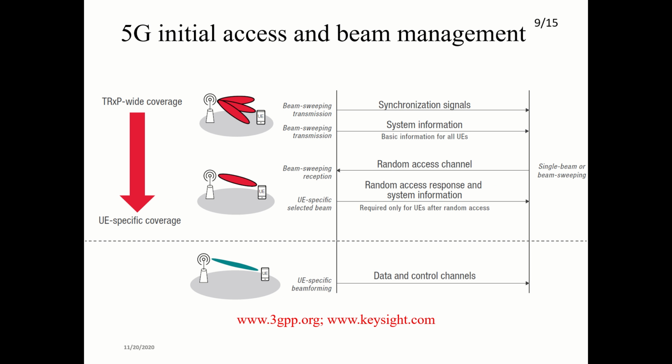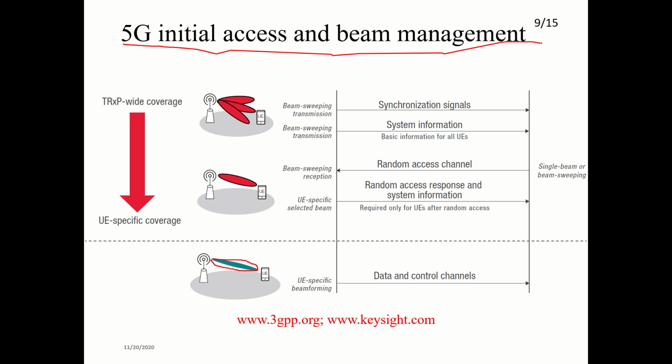Now, as per the 3GPP spec, before we start the 5G measurement, we need to check that the beam peak is aligned with the UE. Otherwise, whatever measurement you do, you will end up with wrong values. So the initial procedure has to be done: 5G initial access and then beam management.